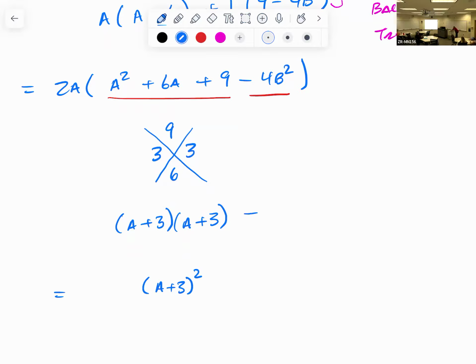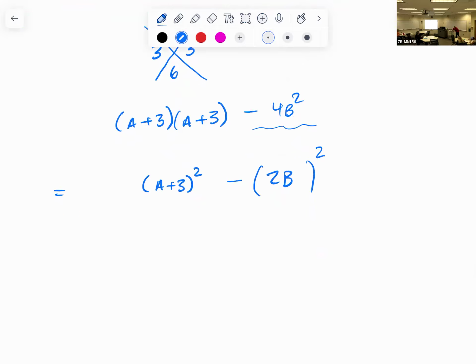I need to do the same thing on the back end piece here. Basically, I need to identify it is something squared that makes 4b squared. So what squared makes 4b squared? 2b. Well done. Once you have it written like this, that is a difference of squares.